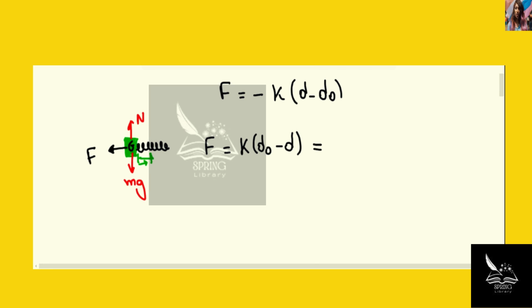Okay, so we know that the total force in the horizontal direction is the elastic force, and the force must be equal to m times the centripetal acceleration, which is v squared divided by the radius of rotation.